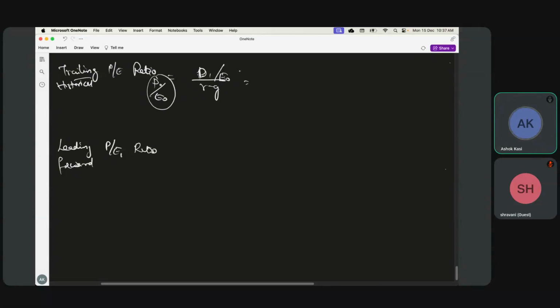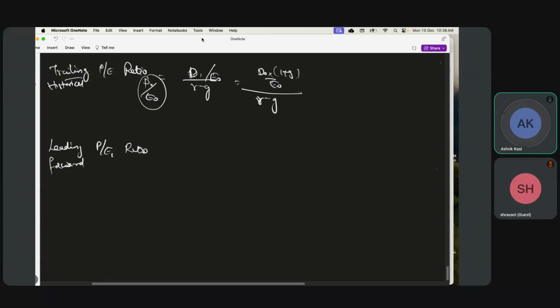Further I can write this as D0 into 1 plus G divided by E0, whole upon R minus G. So now this becomes dividend per share, D0 by E0, into 1 plus growth, divided by R minus G.